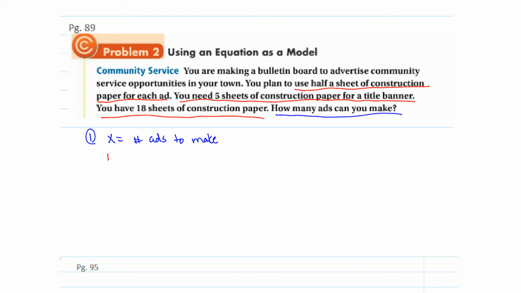So that would be 1/2 times x, however many ads I can make. And I need 5 sheets of construction paper, so I'm going to add 5 more to that. With the title banner and the paper that I need for the ads, I have a total of 18 that can be used, so that equals 18.